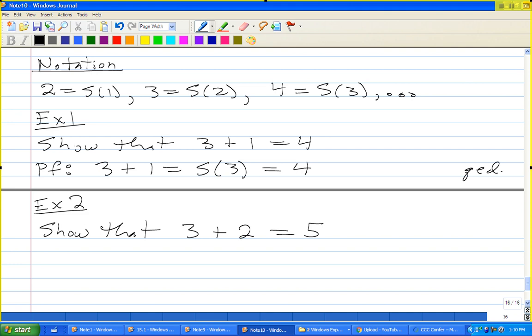Well, since 2 is the successor of 1, right? So I had 2 as the successor of 1. Then 3 plus 2 is the same as 3 plus the successor of 1.